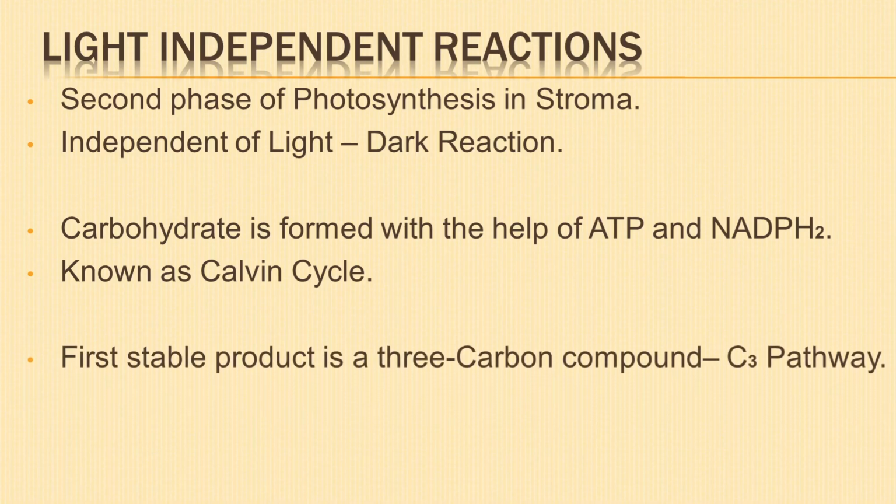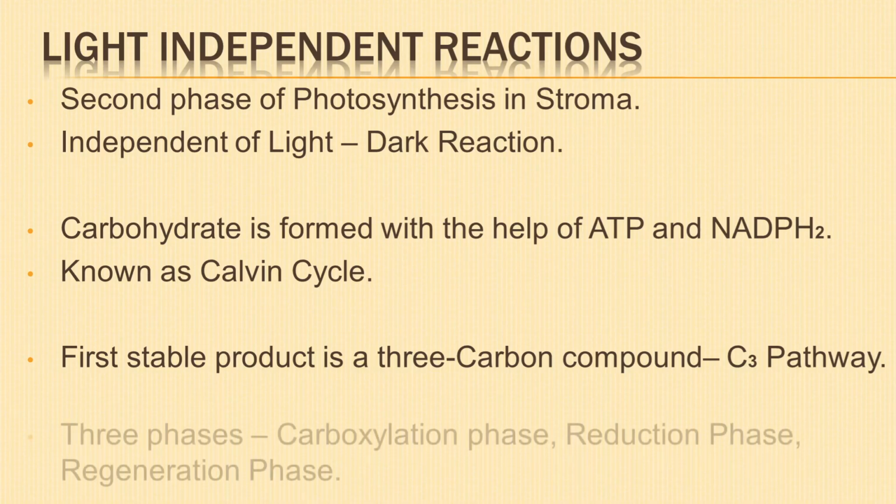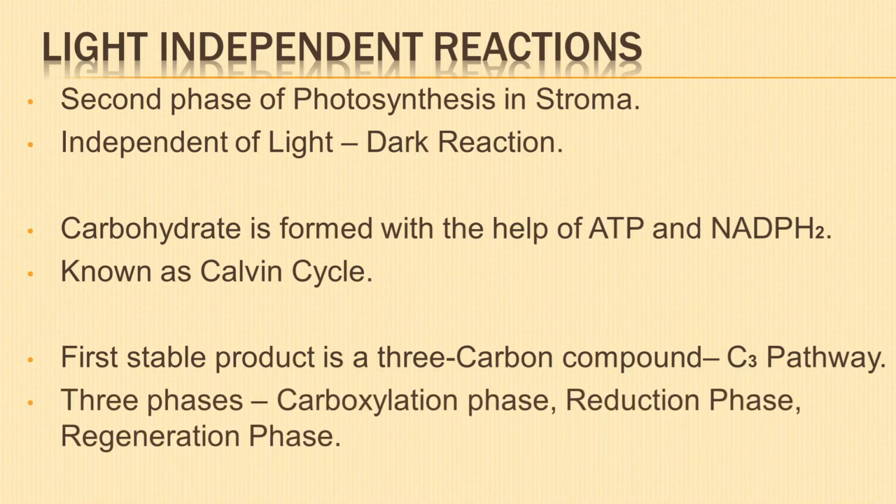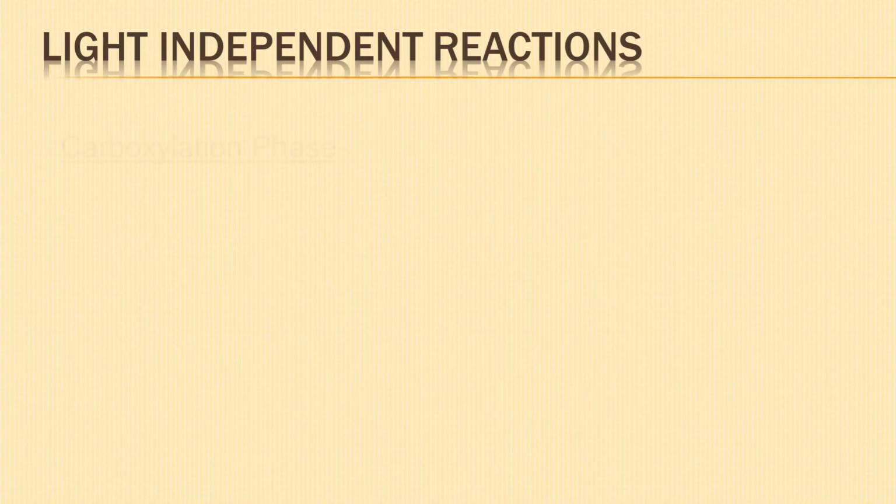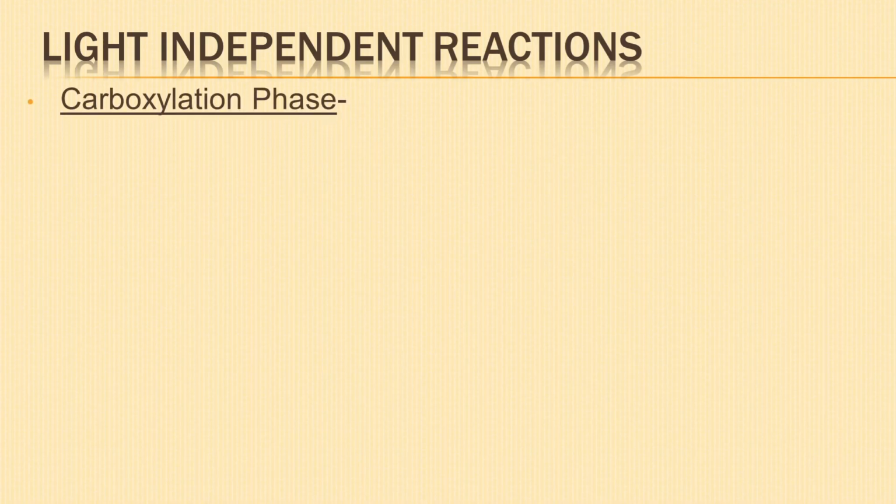Since the first stable product formed is a 3-carbon compound, it is also known as C3 pathway. Calvin cycle can be divided into 3 phases: carboxylation phase, reduction phase, and regeneration phase. Carboxylation phase or carbon fixation.